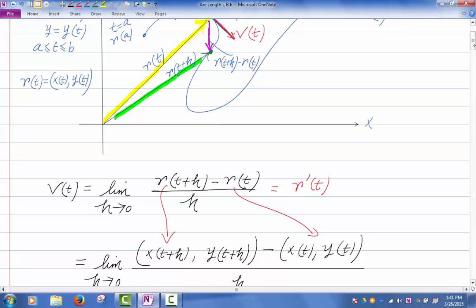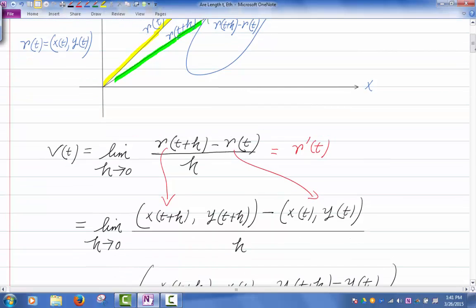So I'm going to plug in r of t to be x of t, y of t, and r of t plus h would be x of t plus h, y of t plus h. So plug in the values of r of t plus h and r of t in terms of the component functions, and we get that.